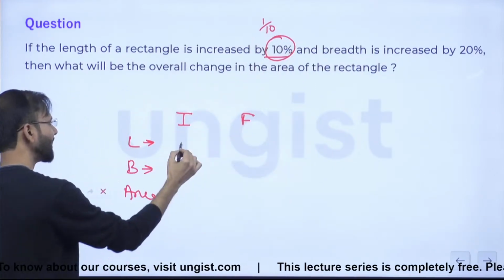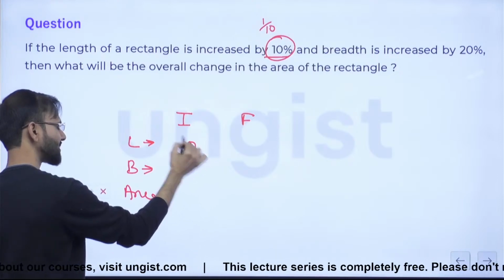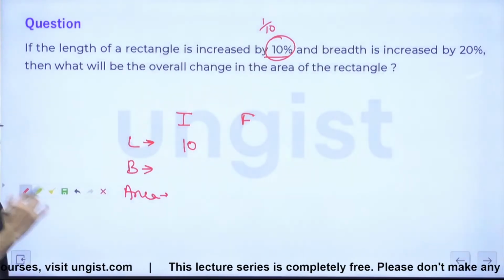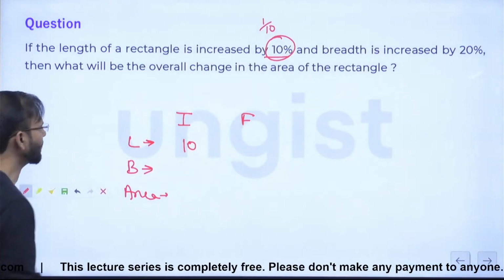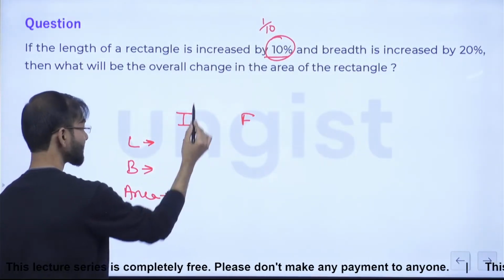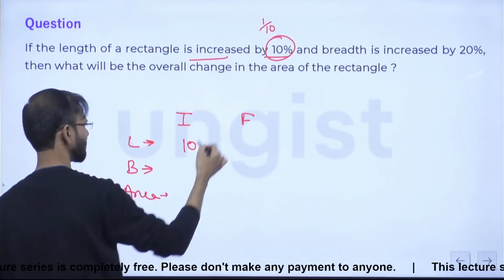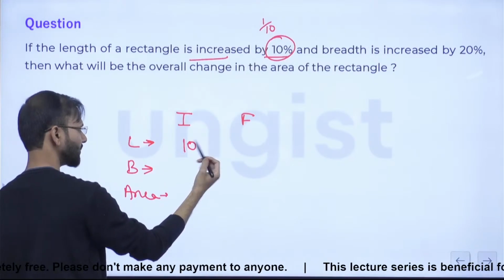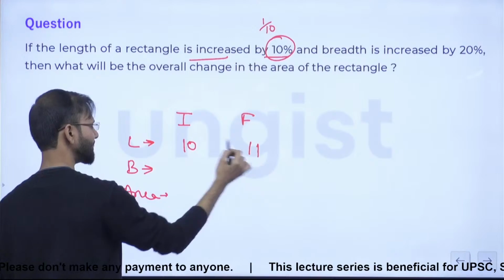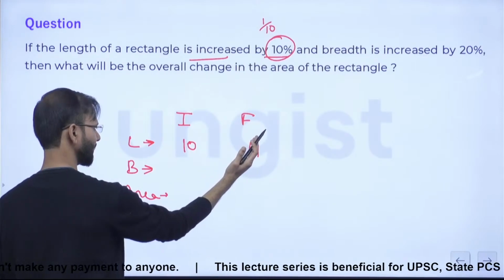So I'll assume the length as 10 to make the calculation easier, because finding 1/10 of this value would be easier. So it is increased by 1/10. So initially if it was 10, then finally it will be 11.